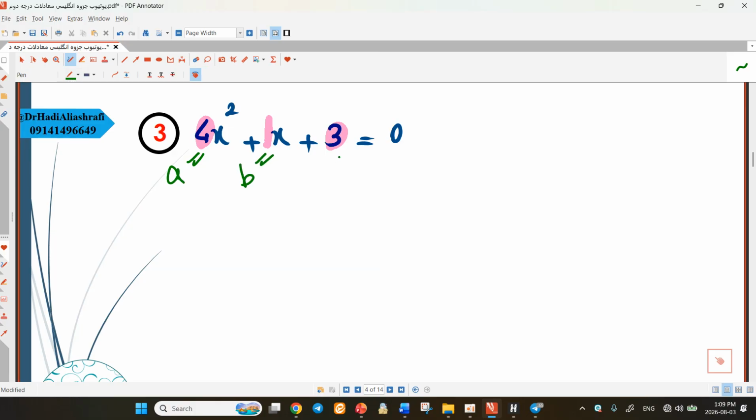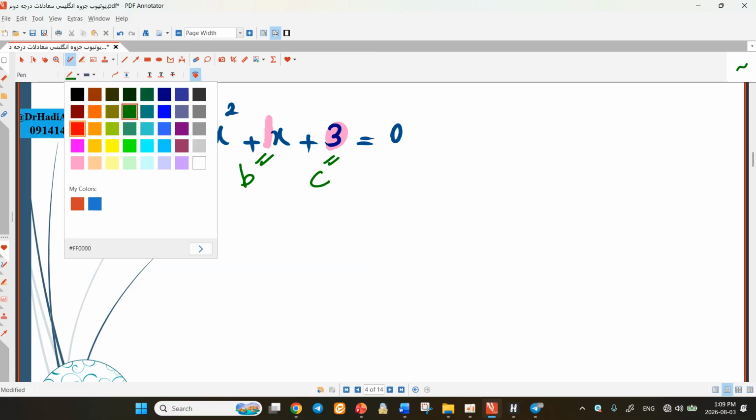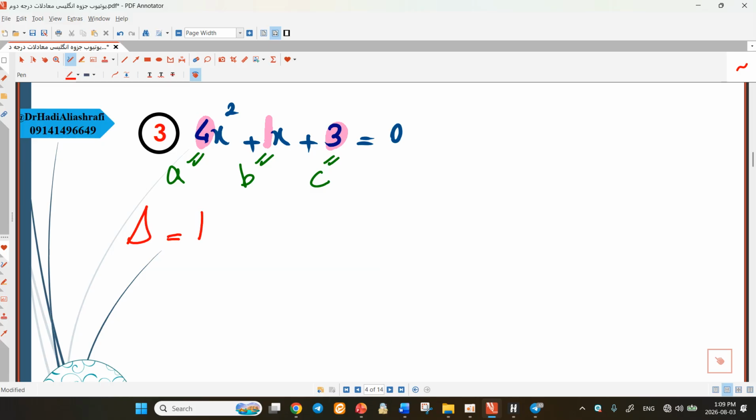B is equal to 1, and C is equal to 3. For the discriminant formula, we write b squared minus 4ac: 1 squared minus 4 times 4 times 3.